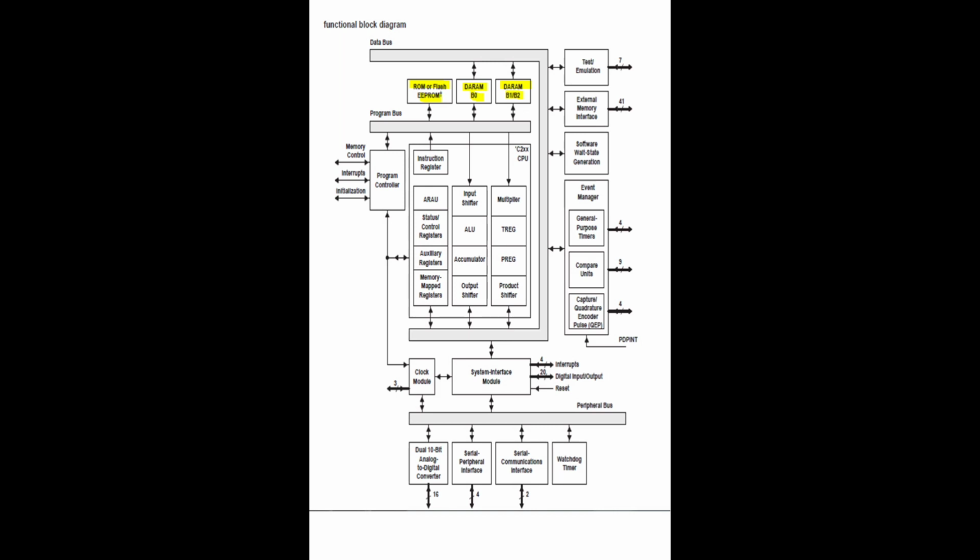The same thing, DARAM B0. B0 is block 0. Block 0 is also one part of the memory, but B0 alone can be configured as data memory or program memory.